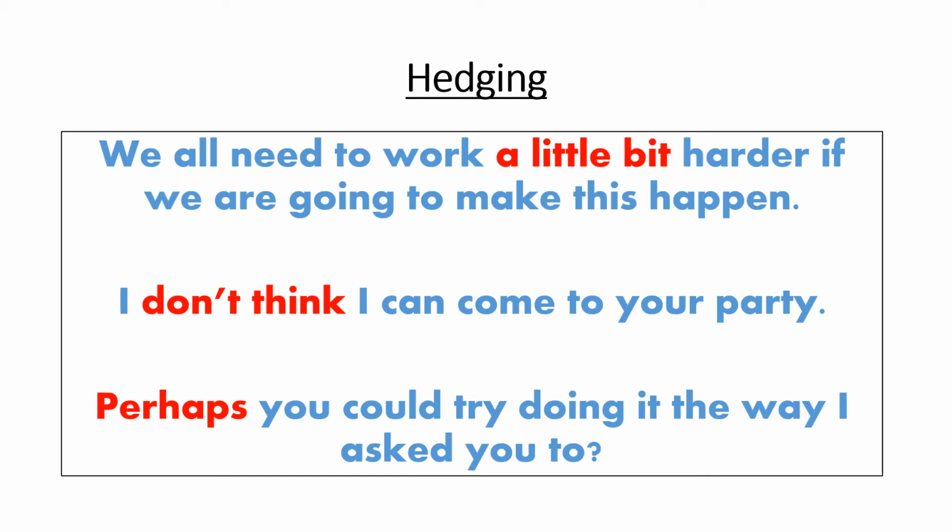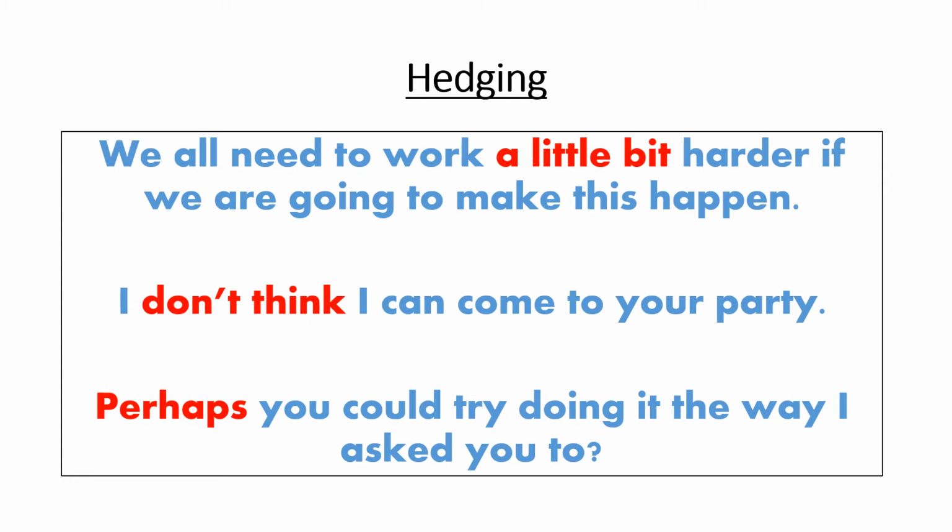The first one is interesting, as you could talk about the idea of quantity, that working a little bit harder seems more manageable than just saying to someone, "We need to work harder." And also it's perhaps less imposing on the person that you're speaking to as well. The second one is an example that you see so often in day-to-day speech.